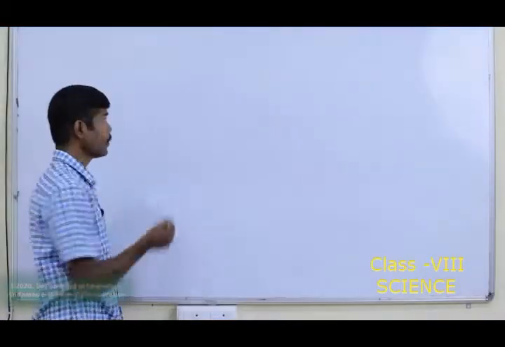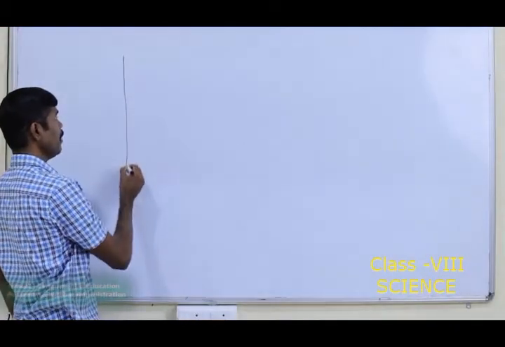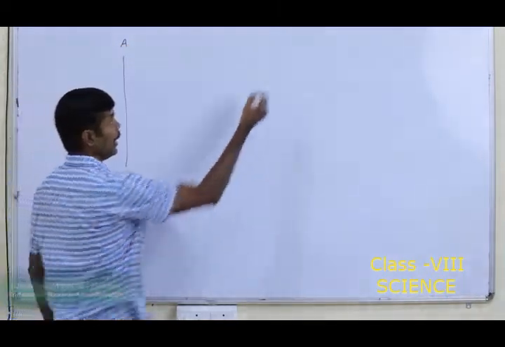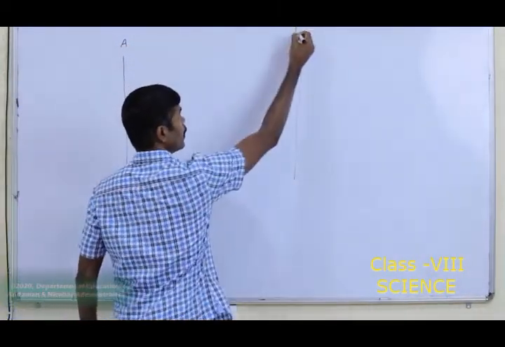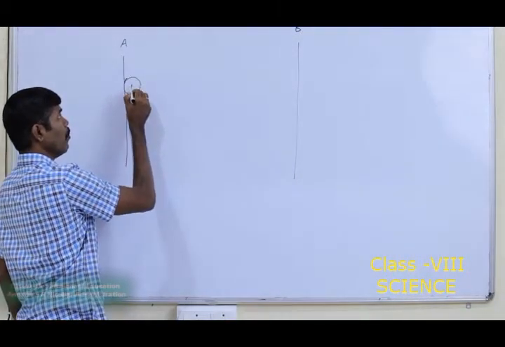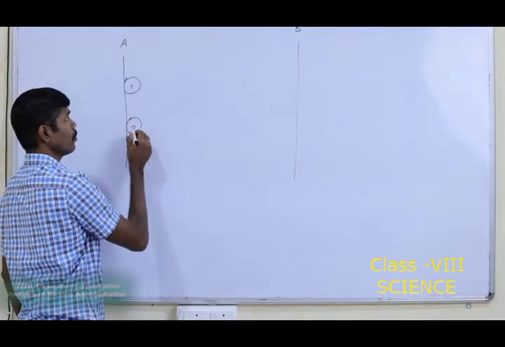So the two balls started their journey from this place. We name this place as A and the destination as B. So the ball 1, this is ball 2.